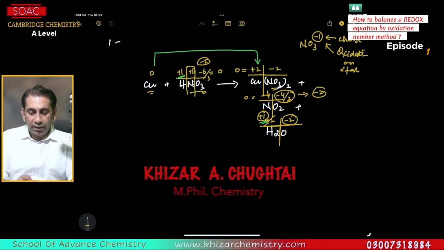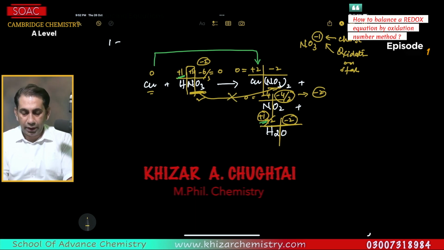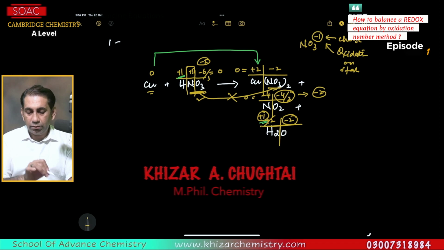You can see that this whole nitrate ion is present in the reactant, and again this whole nitrate ion is also present in the product. So there is no change in the oxidation state from nitrate ion to nitrate ion. Oxygen is not going to change its oxidation number, hydrogen is not going to change its oxidation number, but copper is going to change its oxidation number.